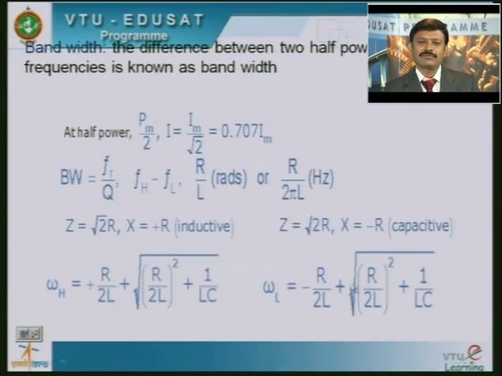The same formula with negative sign gives the lower cutoff, because it is lesser than resonant frequency, so we have to use minus. Higher cutoff will be greater than resonant frequency, so we have to use plus. The formula is the same, only the signs change: plus for greater frequency and minus for lower frequency.